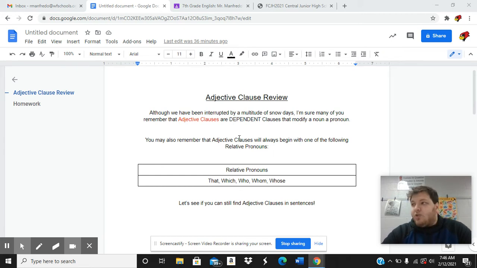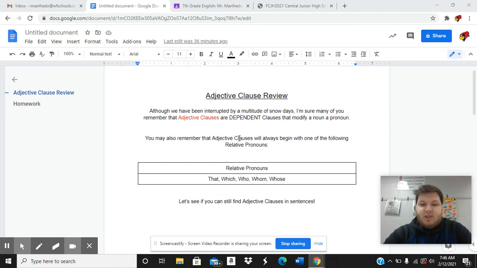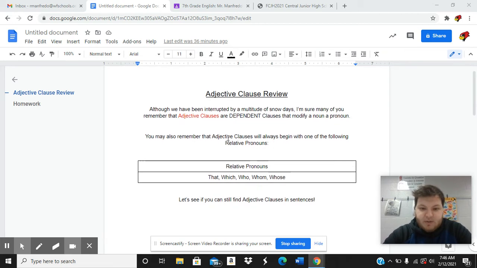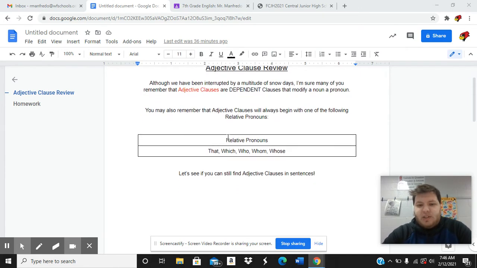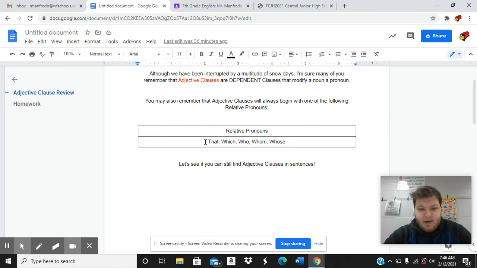And so you should remember that an adjective clause functions the same as a regular adjective. It's just more words put together. So rather than just a single adjective, it's a group of words put together that are functioning as an adjective. You may remember that an adjective clause will always start with one of these five words right here, our relative pronouns.